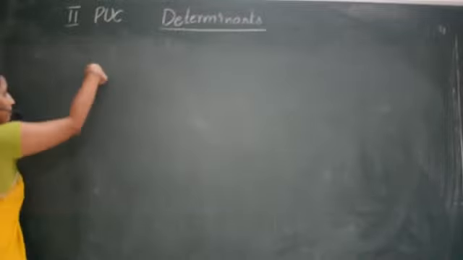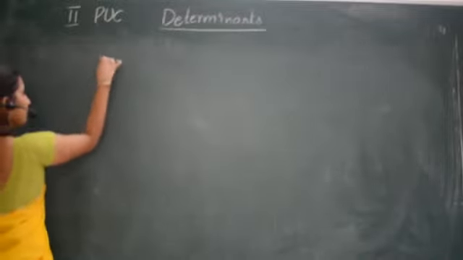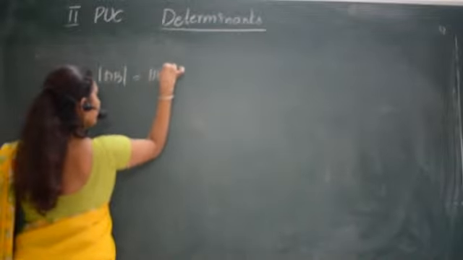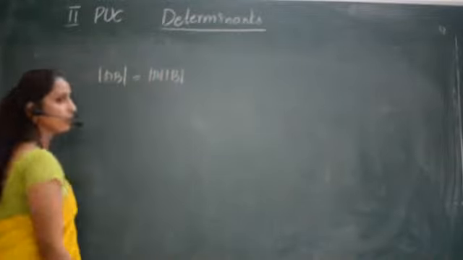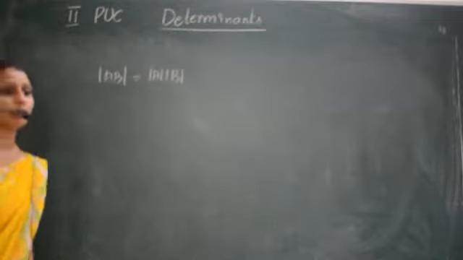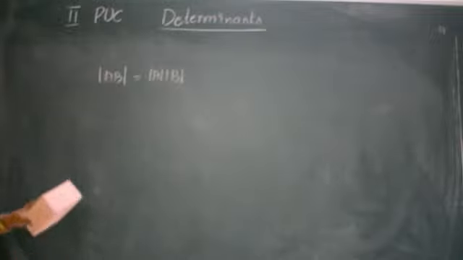That means determinant of AB is equal to determinant of A into determinant of B. So the determinant of a product of matrices is equal to the product of the determinants of the corresponding matrices. Here both A and B must have the same order, which you also have to mention. So these are the theorems I have given now.